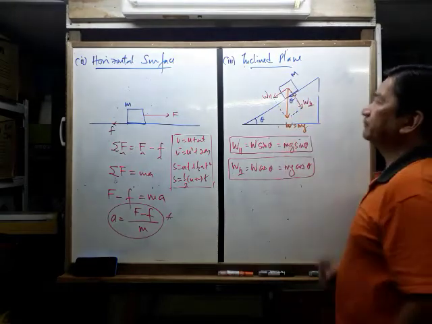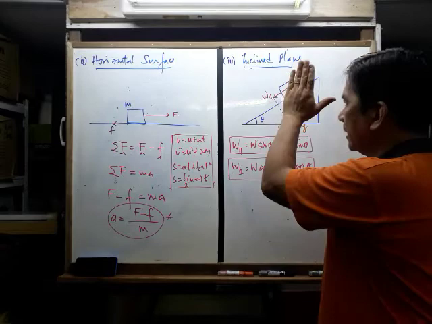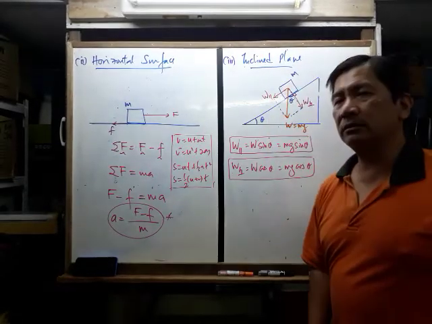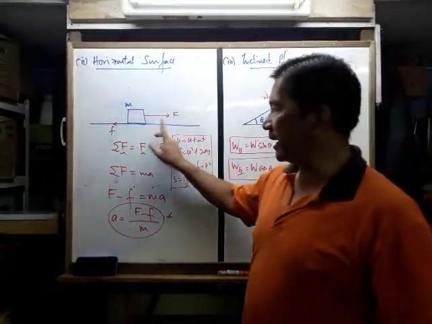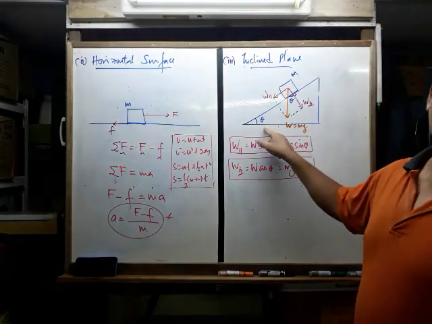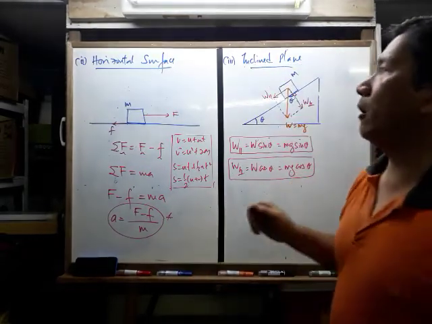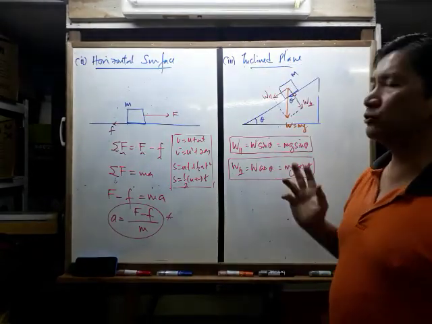That is our inclined plane application. You can apply this scenario the same way as the previous one, except the force component has a sine theta. So that is the application of Newton's law on these three scenarios.